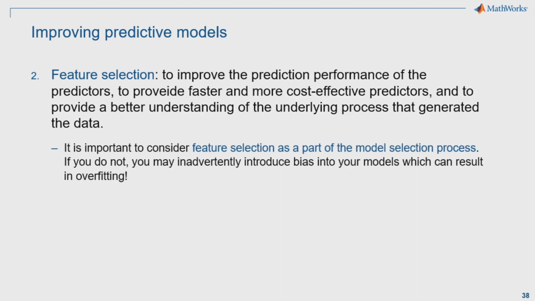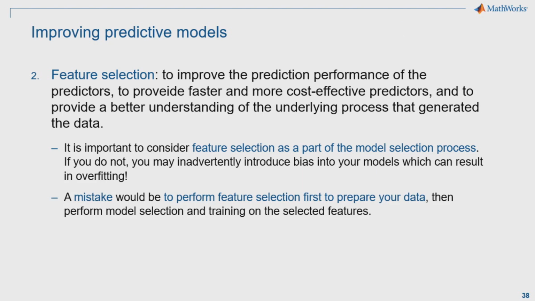So one thing that I would like to remark is that it is important to consider feature selection as a part of the model selection process. If you don't do this, you may introduce bias into your model, and by introducing it, you can inadvertently go towards overfitting.